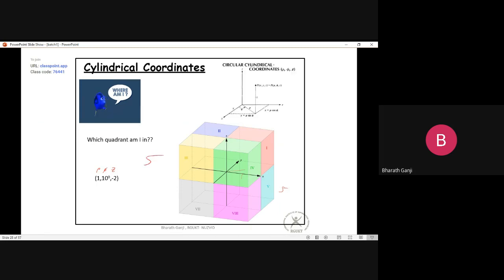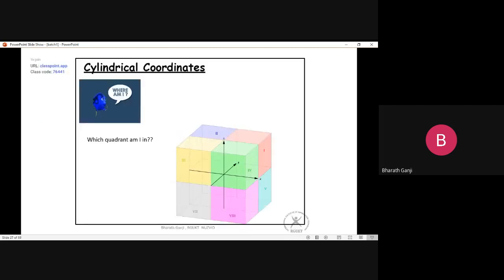Okay, I think most of them have got that. So the next point. Give me your responses fast. Waiting for your responses. In which quadrant is this point?